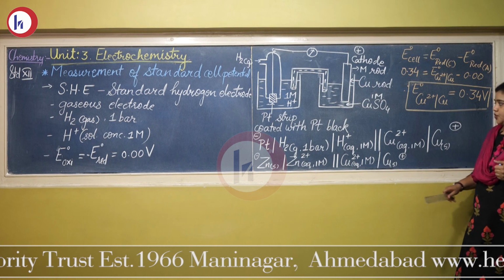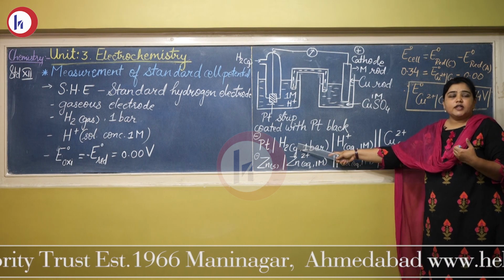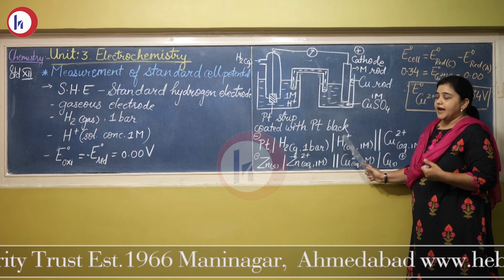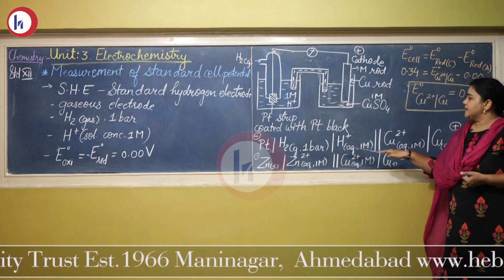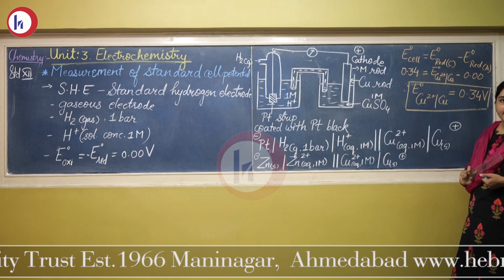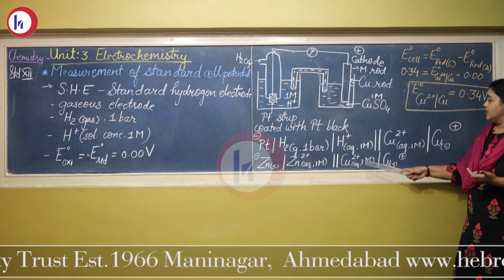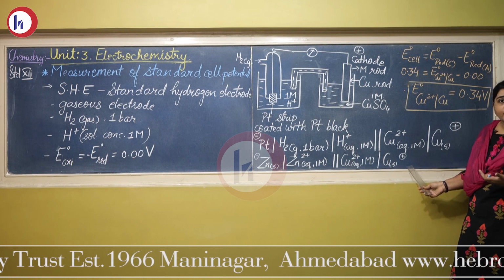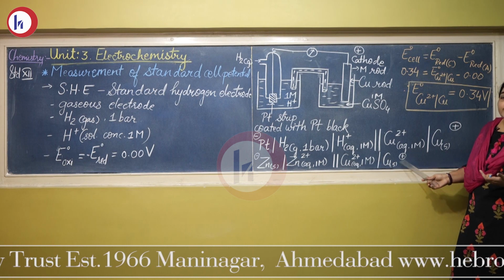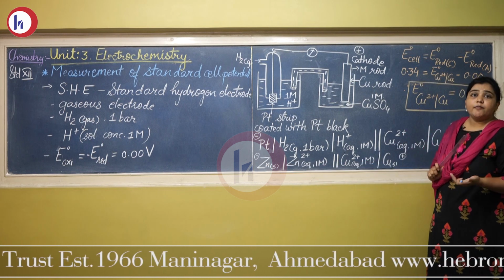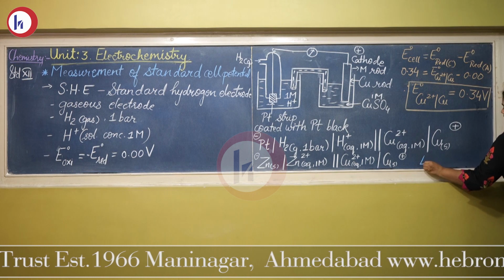If you see here, students, always on the left hand side part oxidation occurs, that is metal gets converted into metal ion, and on the right hand side, that is the cathodic part, reduction occurs, that is metal ions get converted into metal. So let me remind you, whenever you write the cell representation, remember LORE.